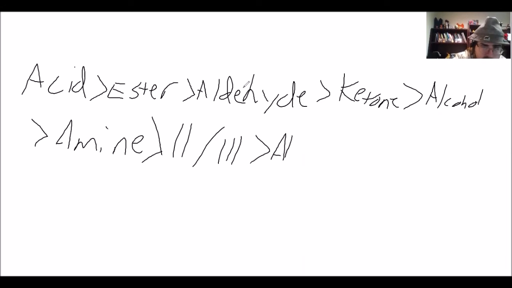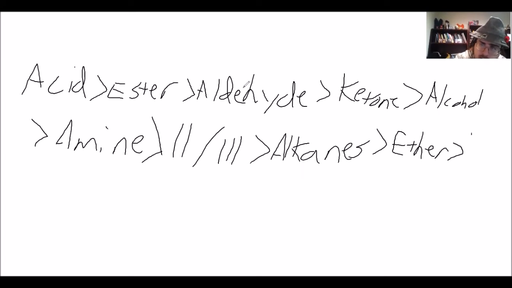Then we get to our alkanes. Finally, we have ethers and halides. I'm going to just leave it as an X. Ethers and halides. So alkanes are probably going to favor most of the things, but when we have alcohol, it is going to be reasonably high up there, but when we get double bonds with carbon and oxygen involved, those are going to be higher still.